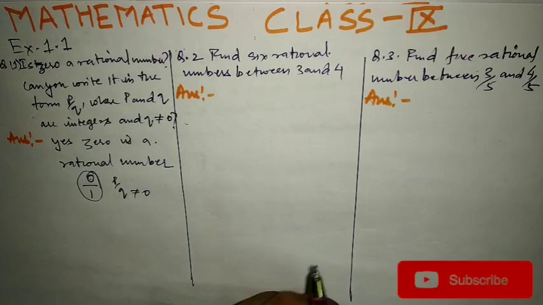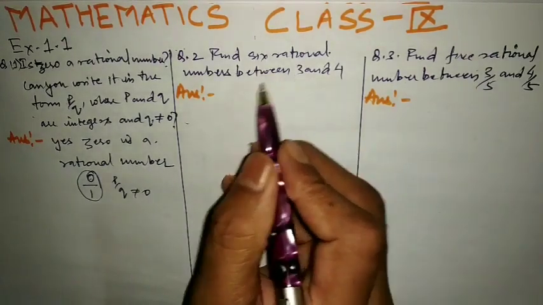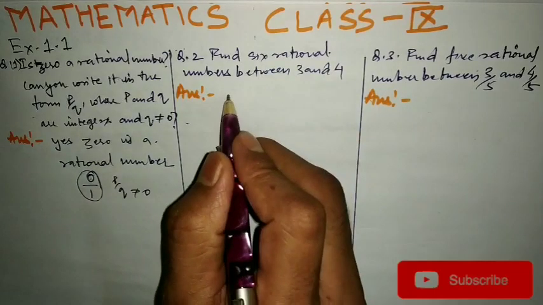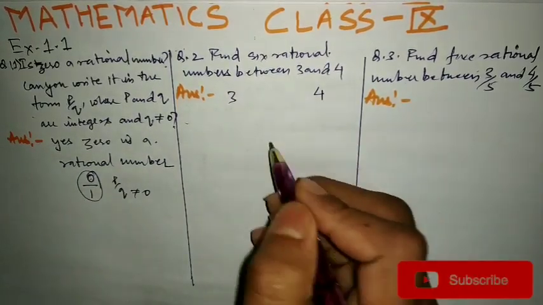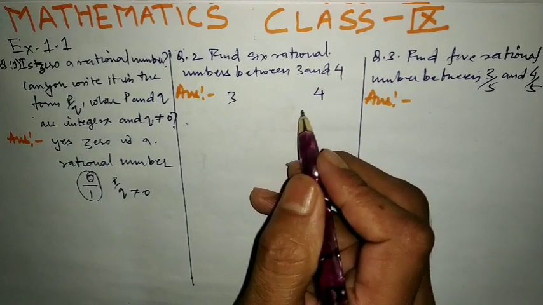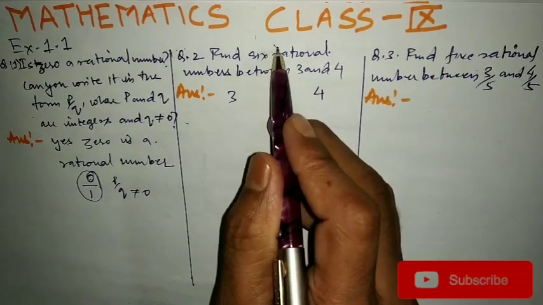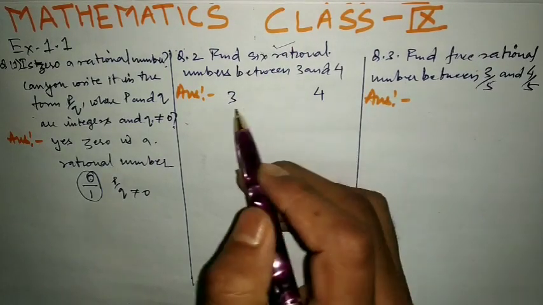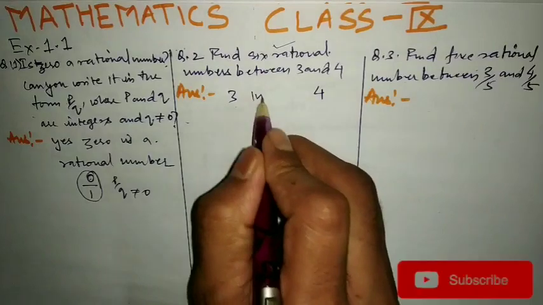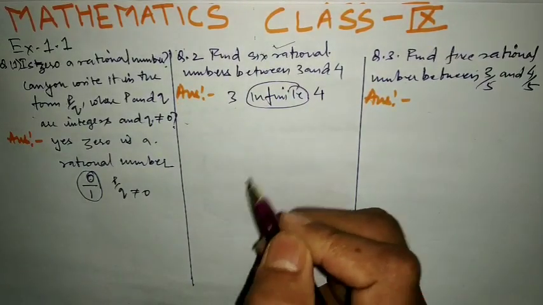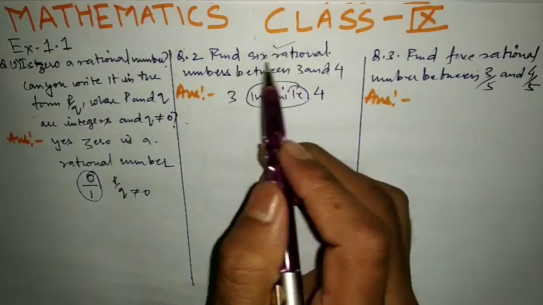Okay. Now find 6 rational numbers between 3 and 4. How to find 6 rational numbers between 3 and 4? Directly there is no natural number between 3 and 4. Okay. So we have to find 6 rational numbers. We can find infinite rational numbers between 3 and 4, but we only have to find 6.